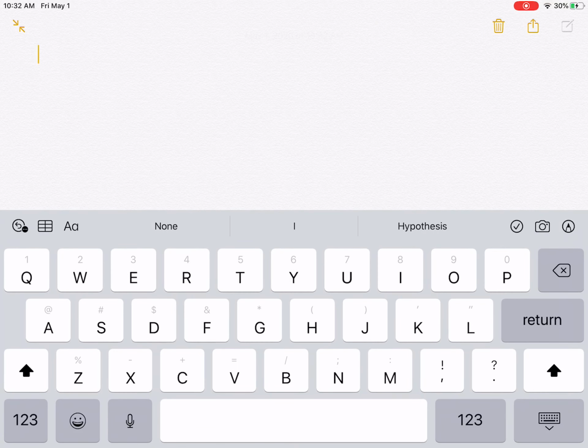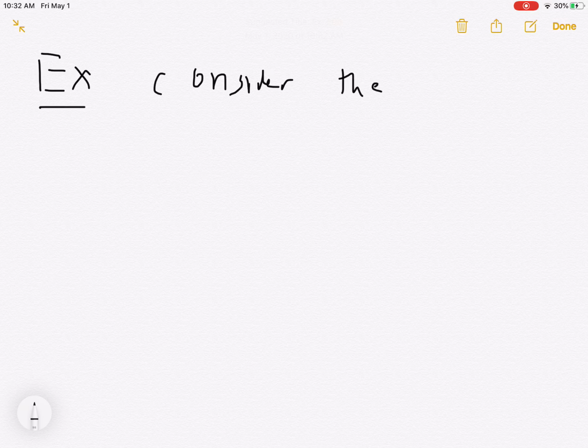Okay. Now, let me just give you a quick example here. And this example is going to be on cats and dogs. So let's consider the data.